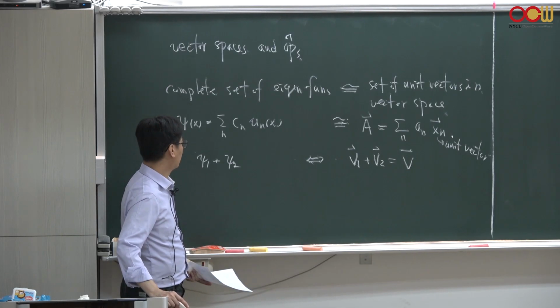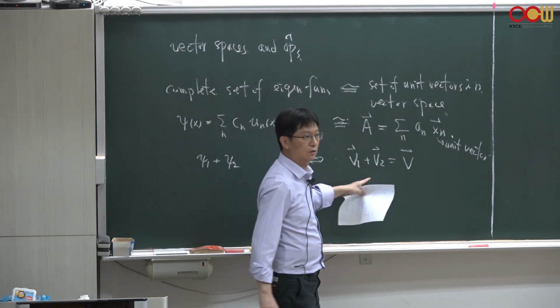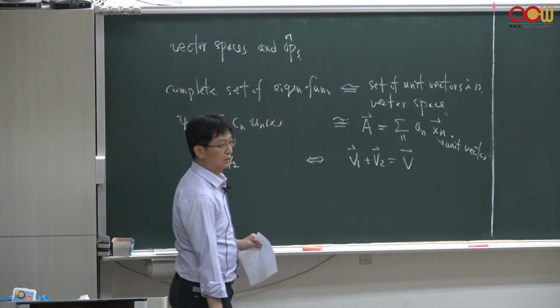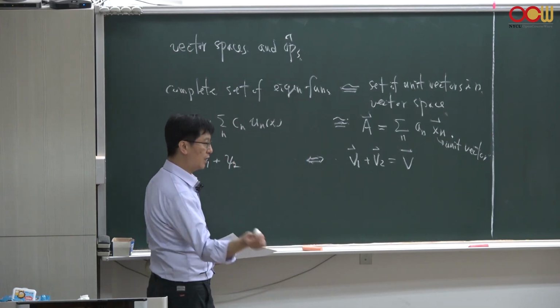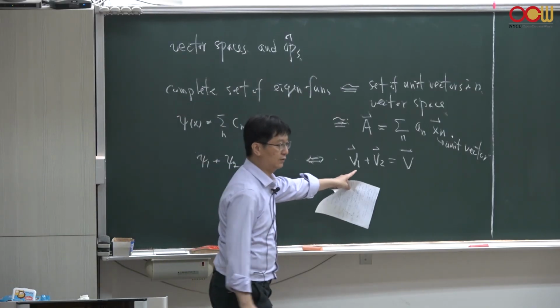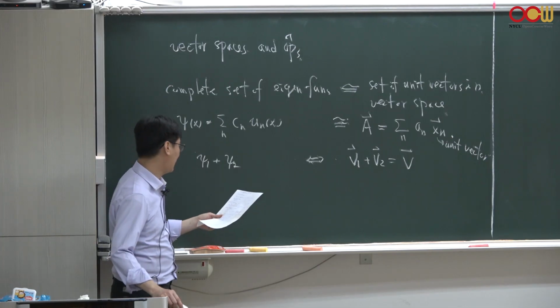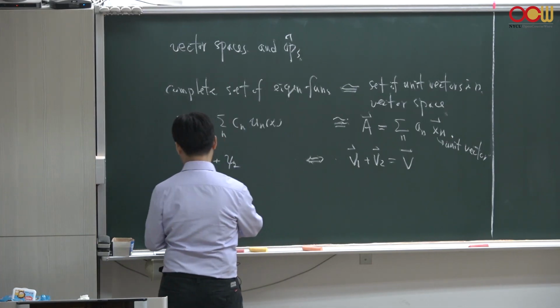In that sense, you could have a similar effect as the summation of two different vectors, because you can consider the projection and inner product of the two vectors, v1 and v2, and you can also calculate the corresponding overlap integral. So this is precisely what we mean.